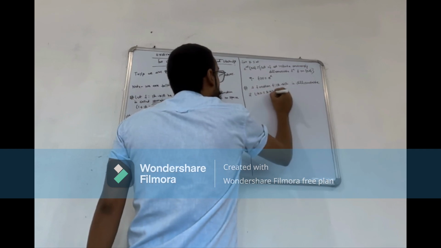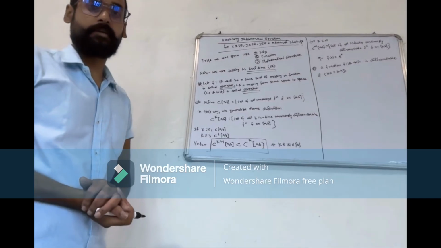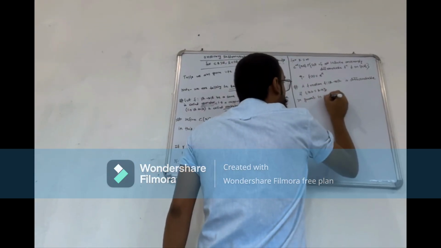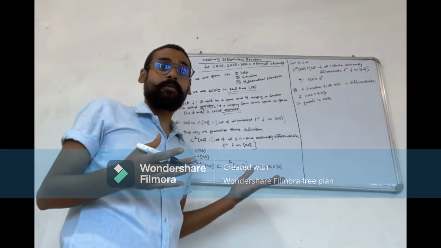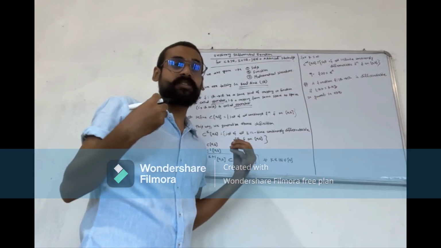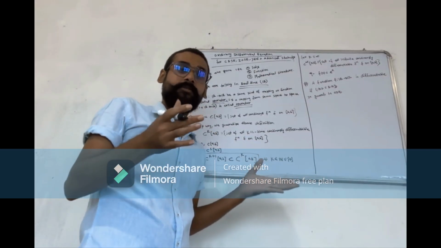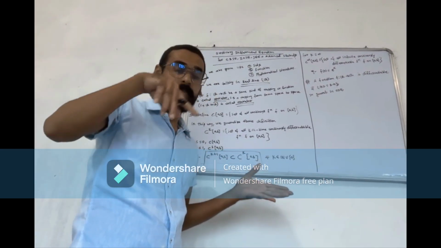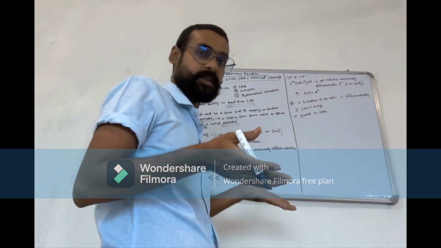A function f is differentiable if LHD is equal to RHD, left hand derivative equal to right hand derivative. But in general, in ODE, we are going to consider solutions of the ODE, or construct the ODE, where the dependent variable is always a differentiable function.